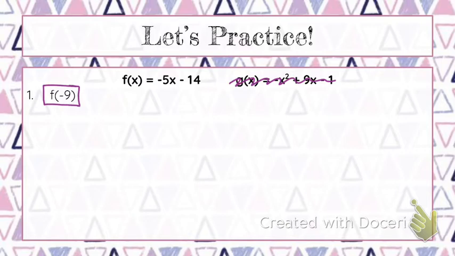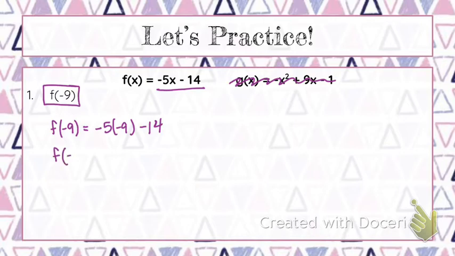We are going to take f of x and plug -9 in for all the x's. So f of -9 equals, and then I'm going to rewrite this with parentheses instead of x's, and then just go back in and put -9 in any parentheses that I have. Okay, so then we're just going to solve.